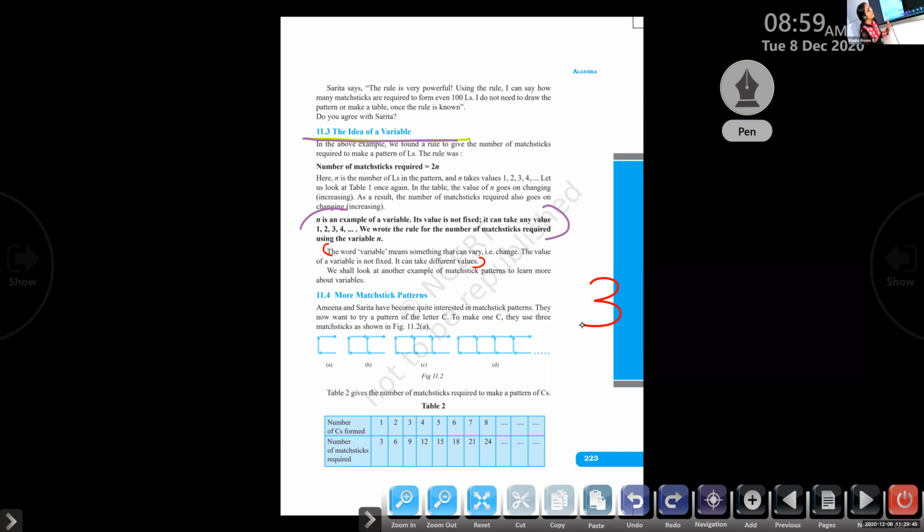It has a fixed value. 3 means, if you have a triangle, what is the number of sides for a triangle? 3. So when I say 3, you have an idea what 3 is. It is a natural number. It has a fixed value. 3 means it is 3. Its value never changes. Clear?